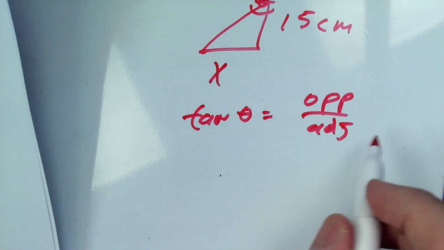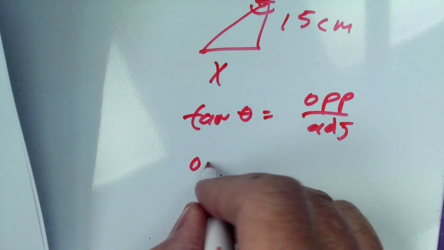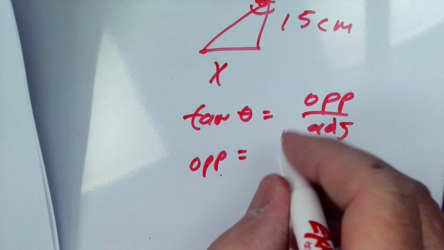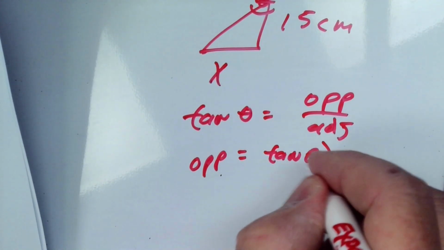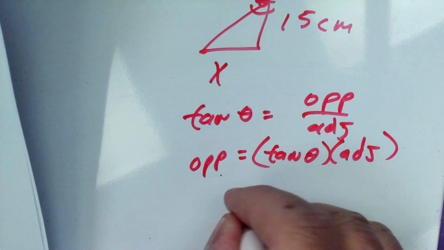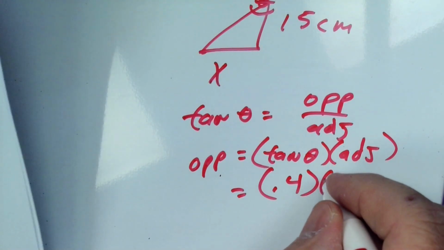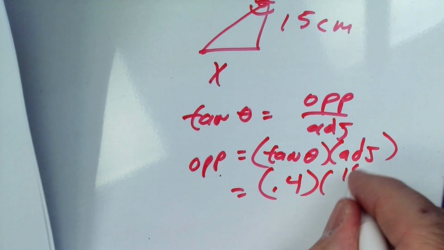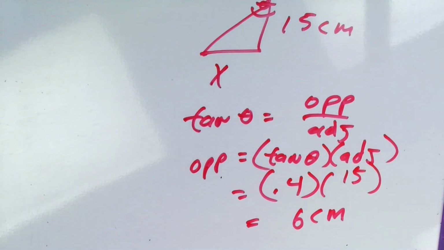So if we solve for the opposite, opposite is going to equal the tangent of theta times the adjacent. So then we'll just do 0.4, which is given, and the adjacent is 15, and that's going to equal 6 centimeters.